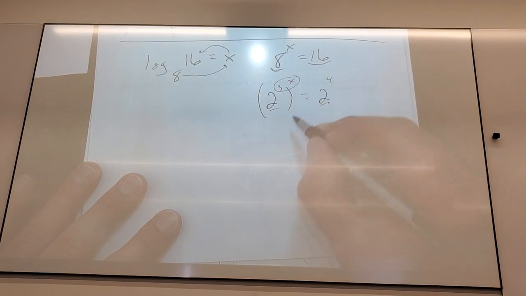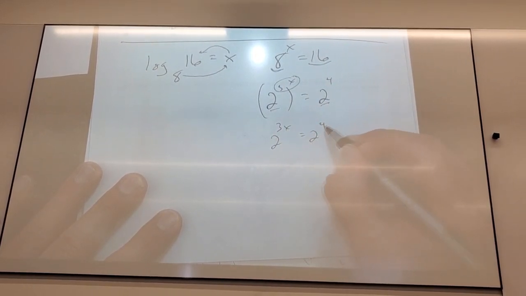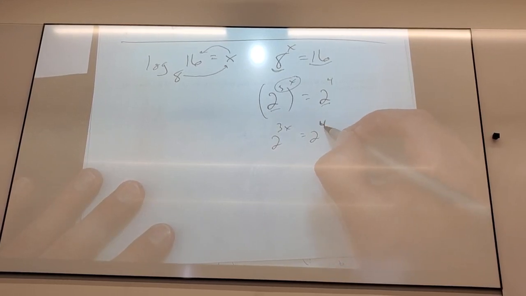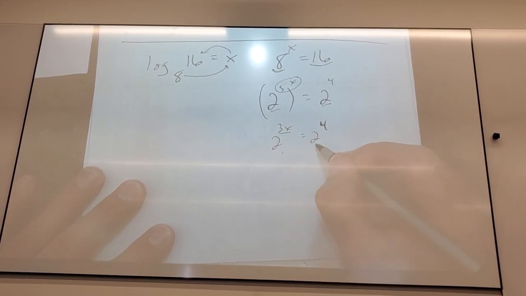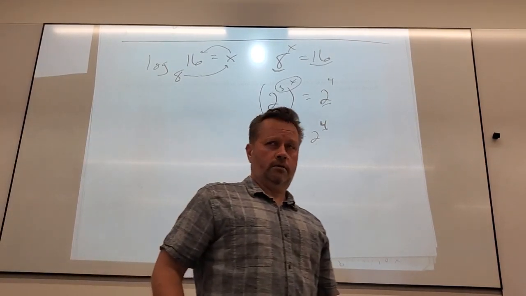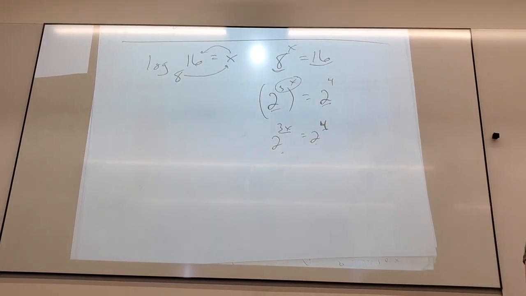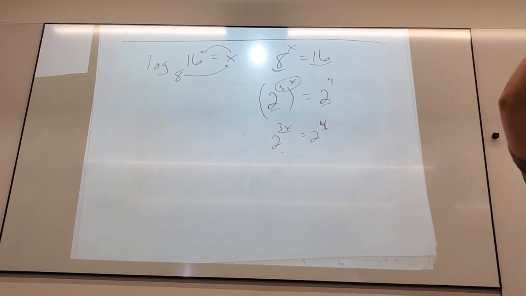What happens here? 3x. What is the only way 2 to this power could equal 2 to this power? Those 2 powers have to be the same. 2 to the 5th cannot equal anything else except 2 to the 5th.